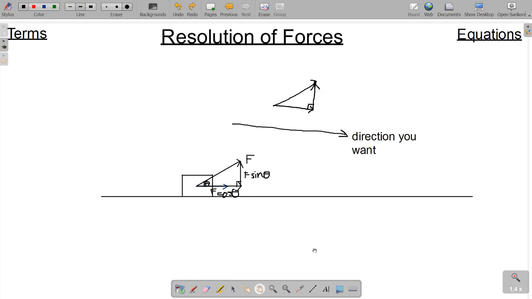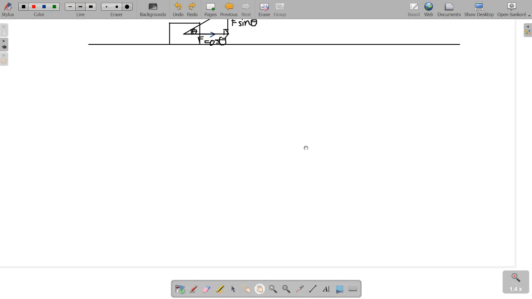Okay, so I'll talk about a few more examples. This is an example I used in one of my videos last year. It's where you have a box on a slope and you want to find the acceleration when it moves downward.